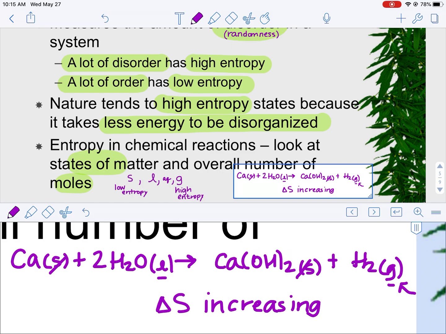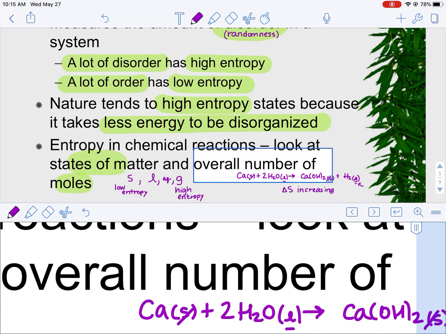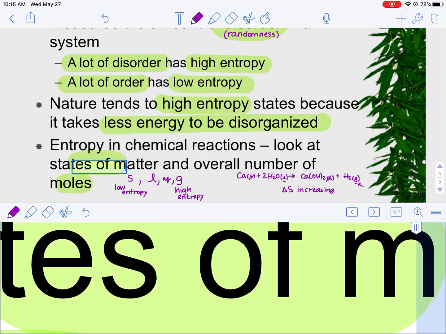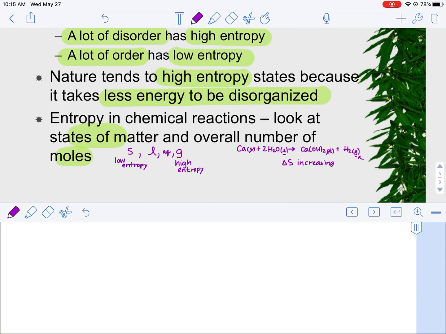So if the states of matter were all the same, and we then had to default to looking at the overall number of moles, the entropy would be decreasing. But that's not what we prioritize. We prioritize the states of matter.